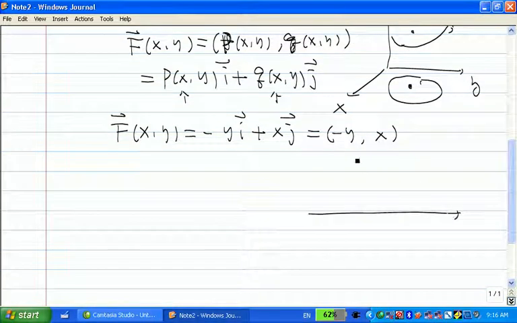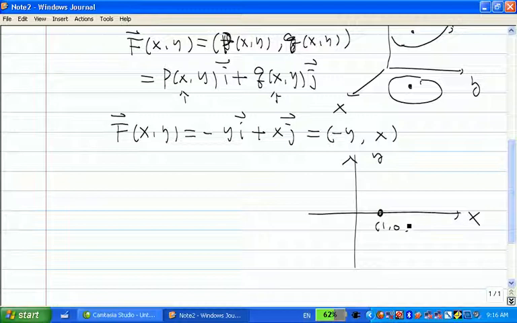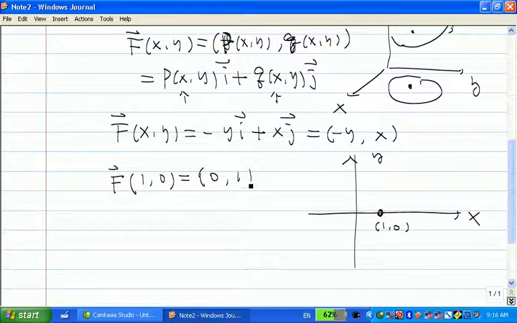Its graph is a vector field on x and y. For example, I pick a point, say here's (1, 0). You plug in here. You will find your f(1, 0), which means where you see x, replace it by 1, and where you see y, replace it by 0. So the first component is 0, the second one is 1. So (0, 1) itself is a vector.